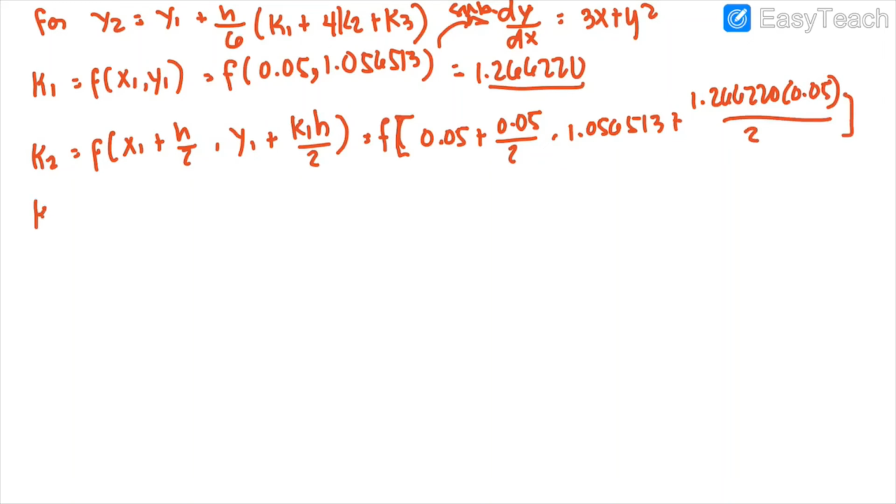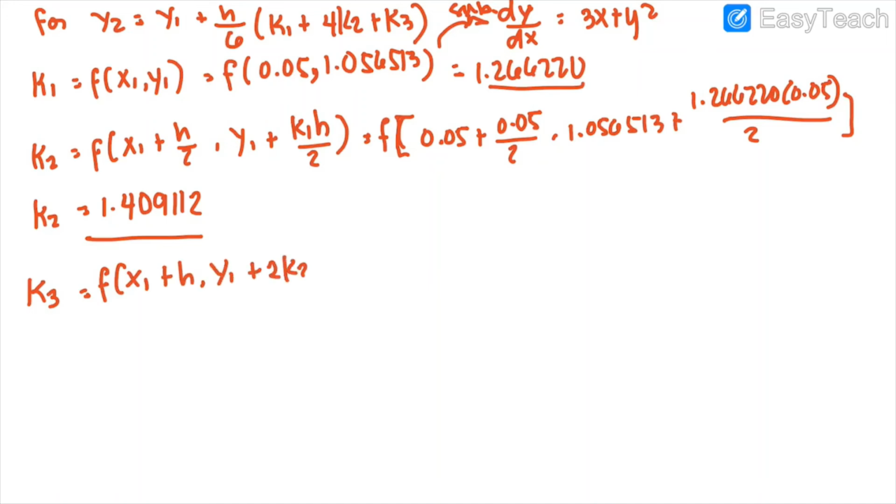So k2 is simply equal now to 1.409112. Then lastly, for k3, that is f of x1 plus h and y1 plus 2k2h minus k1h.